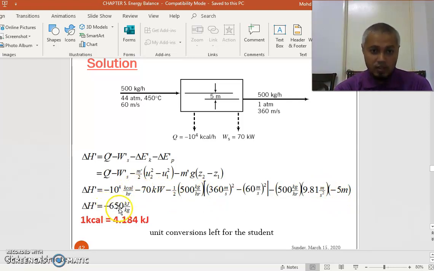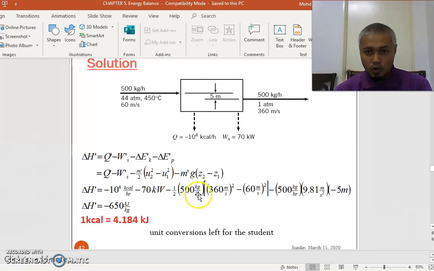But before you can get this value, you need to use this relationship, where 1 kilocalorie equals 4.148 kilojoule, because here we have kilocalorie and we want to find the value in kilojoule. That's why we need to convert this value first. For this part we don't have to do anything, because kilowatt means kilojoule per second.